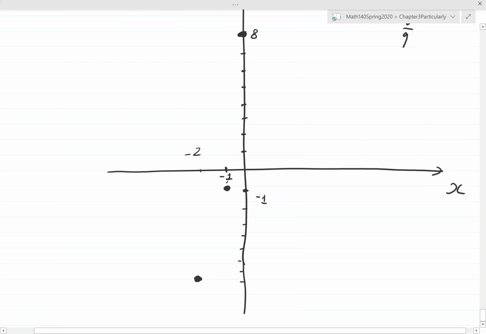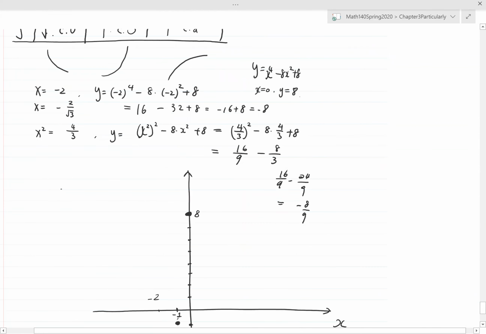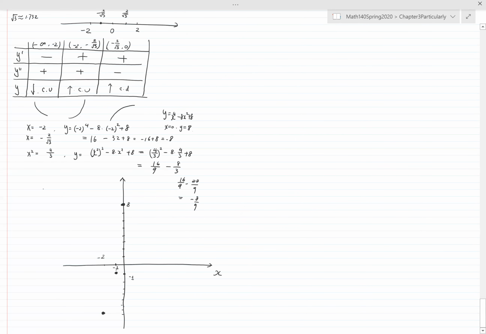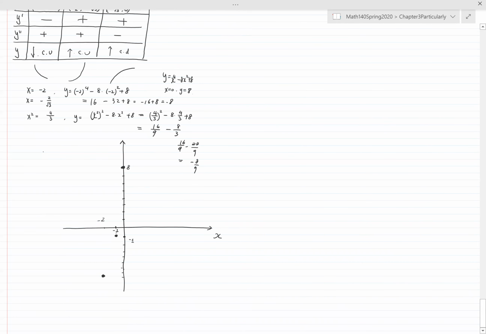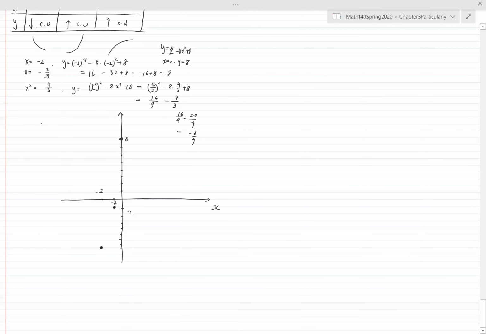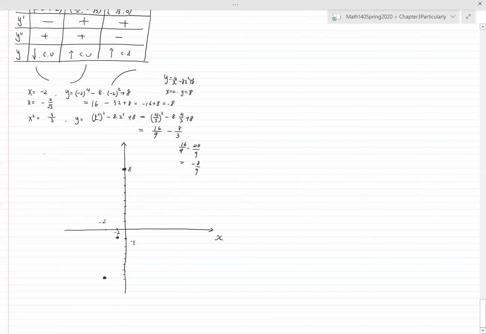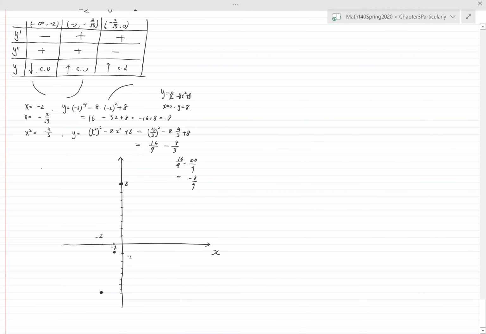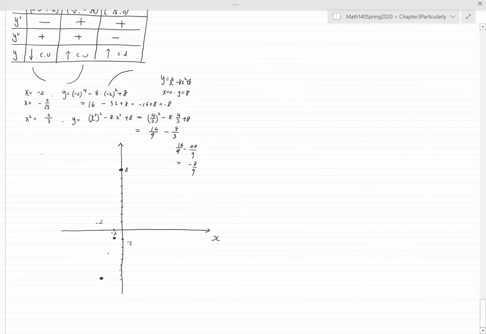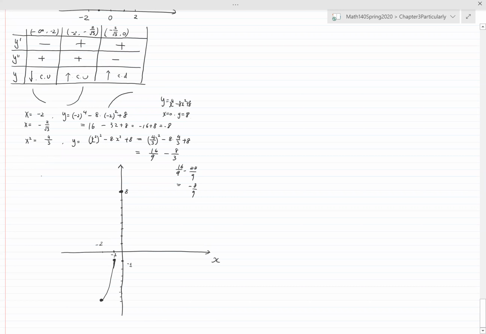Now let's plot. From negative infinity to negative 2, it's decreasing concave up. From negative 2 to negative 2 over root 3, it's increasing concave up. Then from negative 2 over root 3, it's increasing concave down.